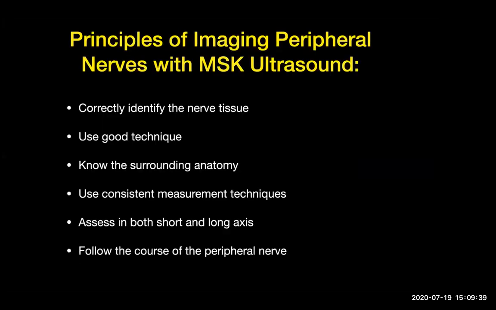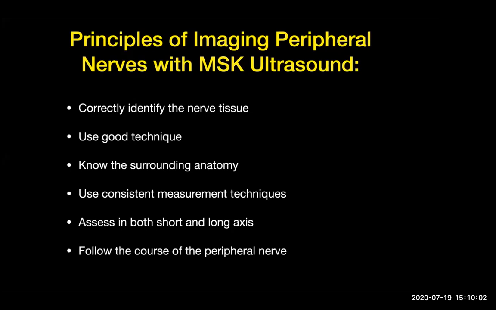Okay, the principles of this practice are that we are able, especially with ultrasound, to identify the nerve tissue. So we should be able to see exactly how the nerve tissue looks using good technique. Of course, good technique includes ergonomics.